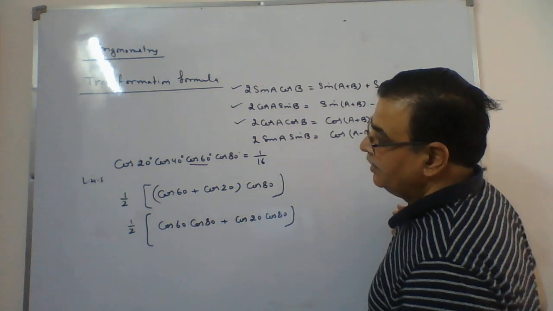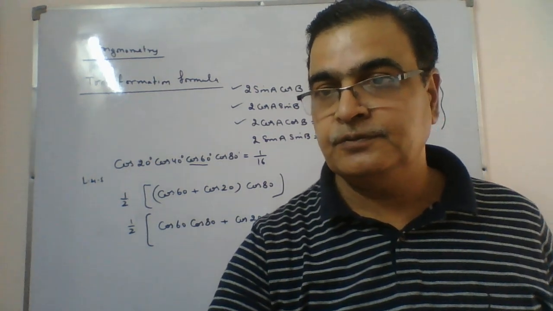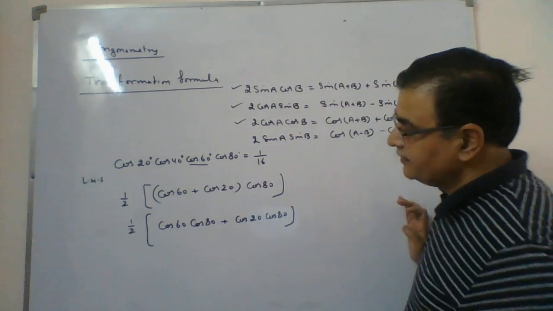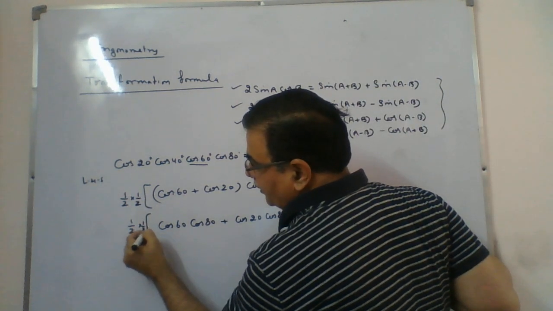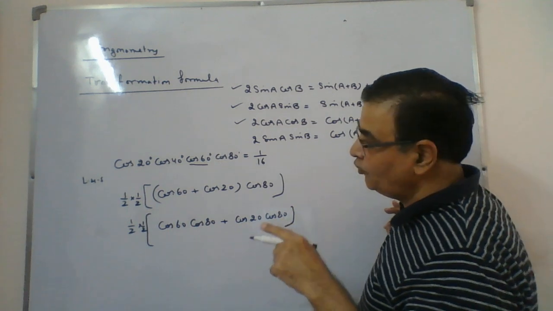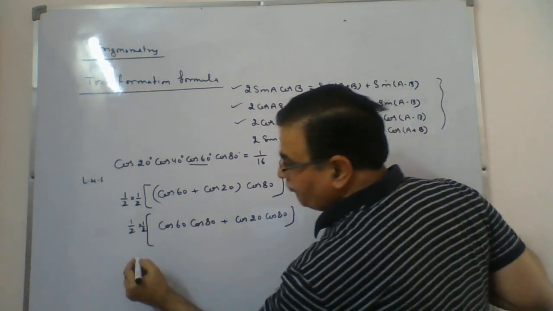Right? Now cos 60 will simply come out to be half. In this case, one more half is missing, because the value of cos 60 was half, so that one half is missing. So now it will come out to be 1 by 4.